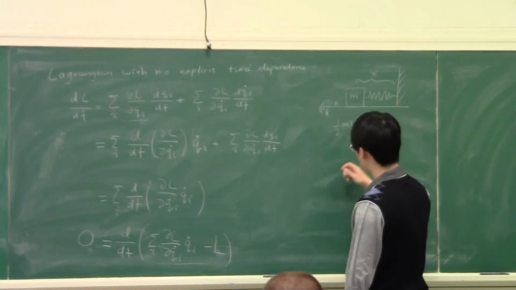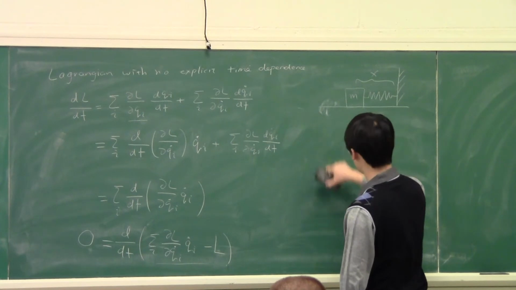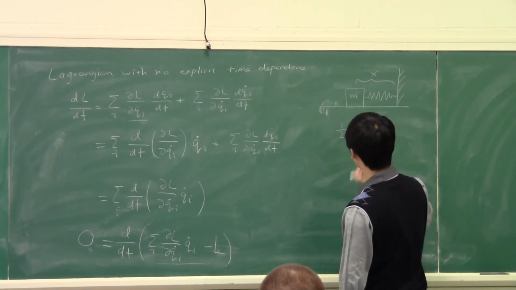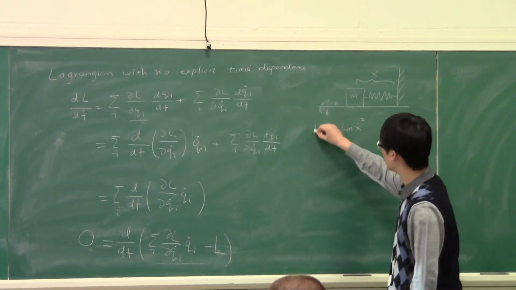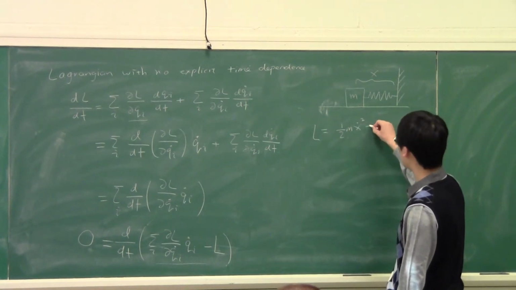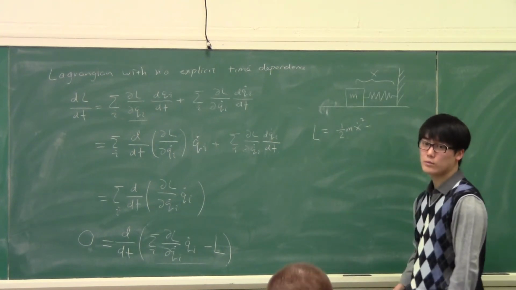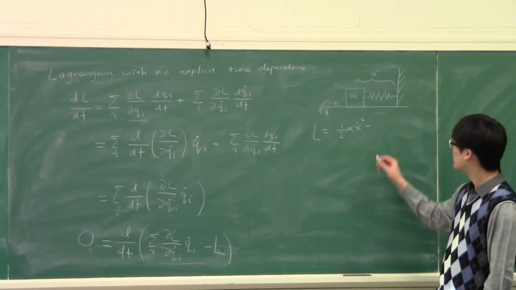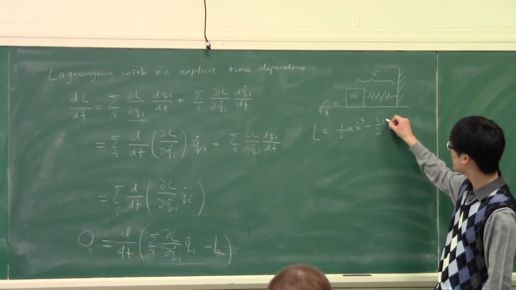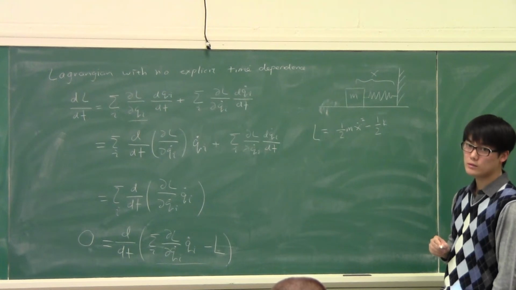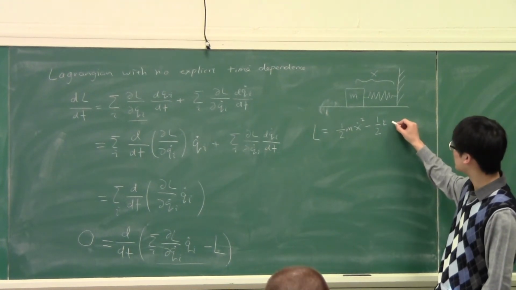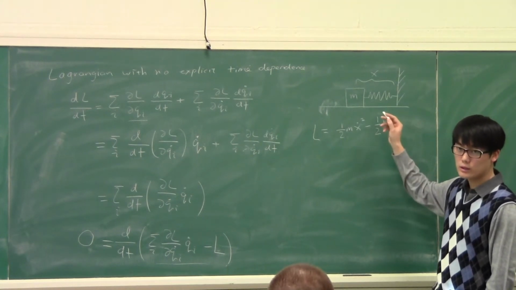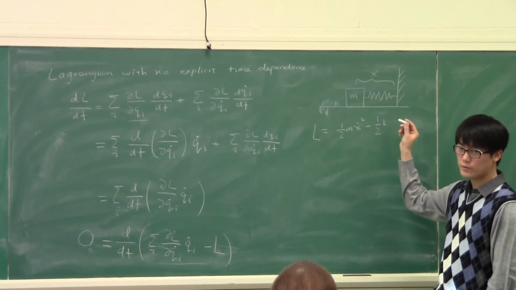Okay. So that is going to be 1/2 m x dot squared. And then, with a minus sign, the potential energy of the spring, and that is going to be 1/2 k. Now for the last term you need to take some care here, because the energy stored in the spring depends on the change in the spring's length from its rest length.